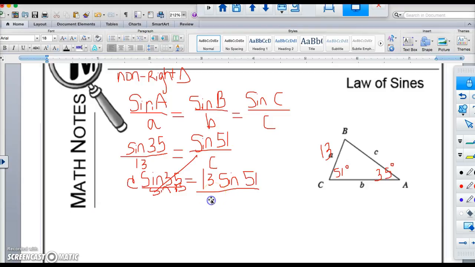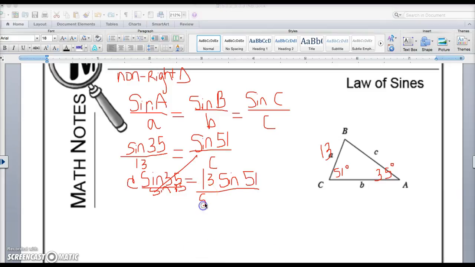Since this canceled out, this is what you're putting in the calculator: 13 sine 51 divided by sine 35. This is all on top, this is on bottom. Make sure you put it in the calculator right. And what you should get is 17.61.